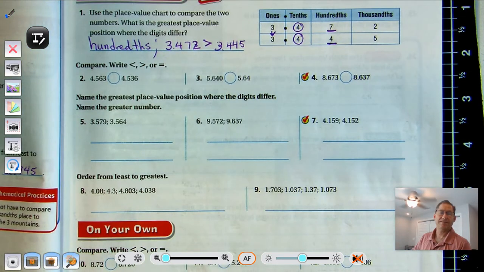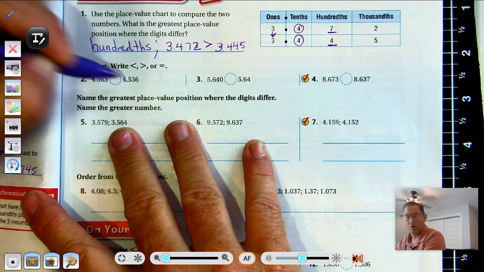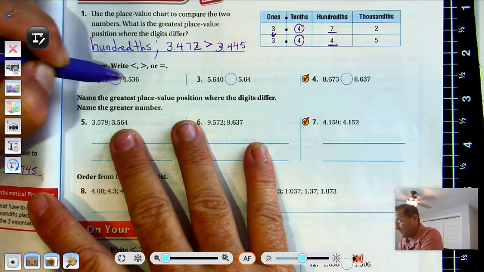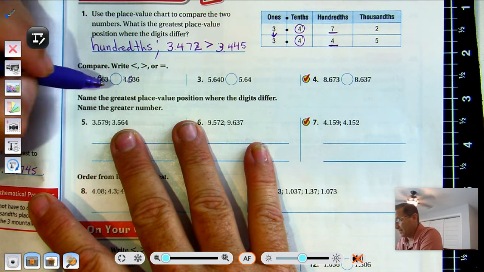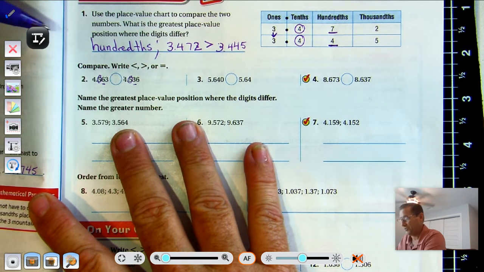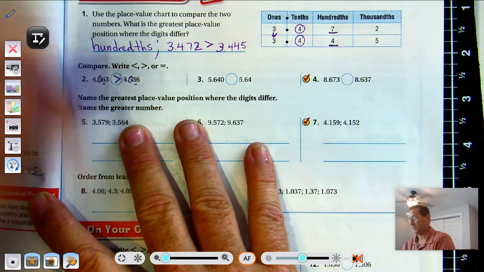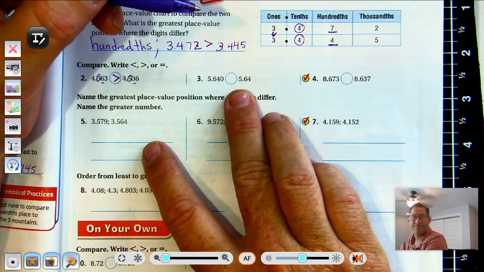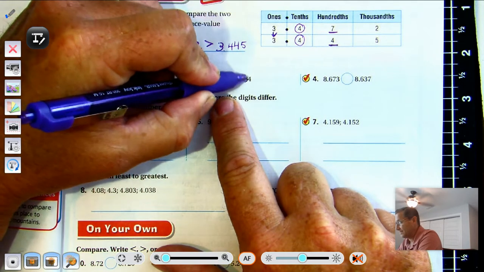Well, let's compare these. Okay, so I have 4 and 4. That doesn't help any. 5 tenths, 5 tenths. That doesn't help. 6 hundredths, 3 hundredths. Okay, well, 6 hundredths is greater than 3 hundredths. So number 2, that's greater than. Okay, number 3. The 5s are the same. 6 tenths, 6 tenths.